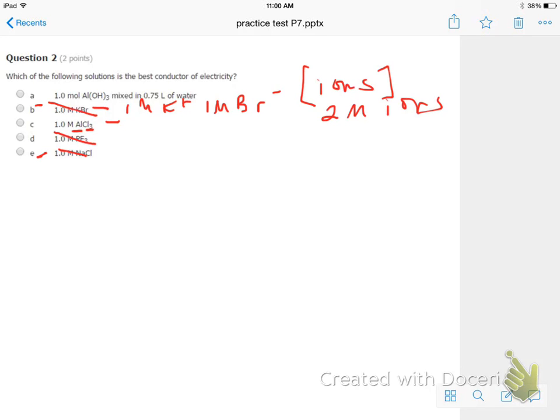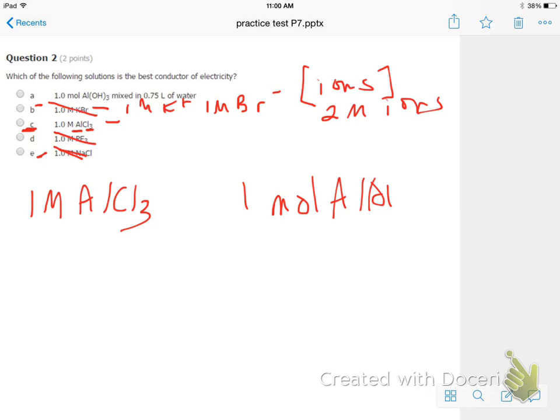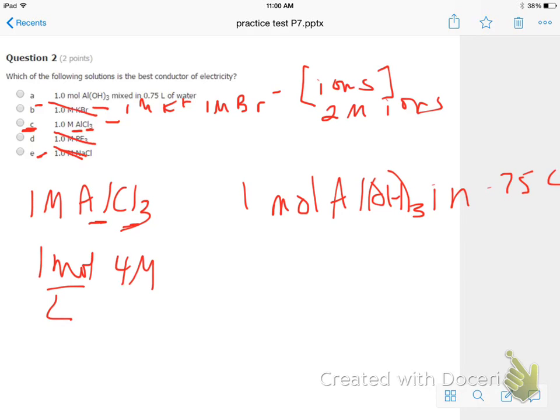So let's take a look at, and neither of them are as great as what we saw so far for C. So I have 1 molar aluminum chloride, and then I have 1 mole of aluminum hydroxide in 0.75 liters. So that's 1 molar, so that's 1 mole per liter of aluminum chloride, which means that there are 1 plus 3 or 4 molar of ions for aluminum chloride.